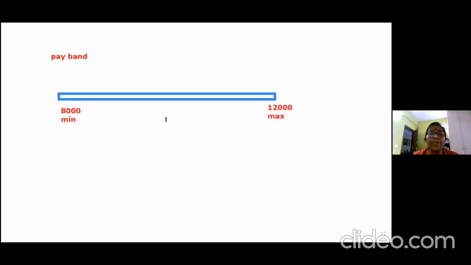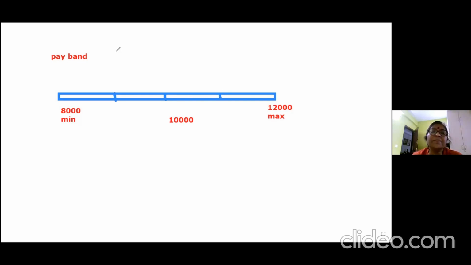Your midpoint can be 10,000, and you can also have other points here. Okay, so this is a pay band.